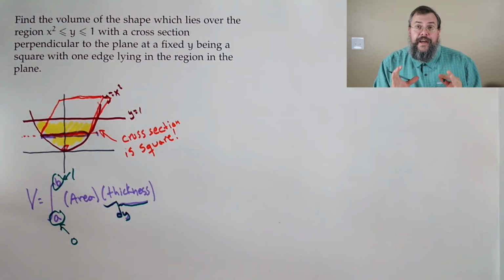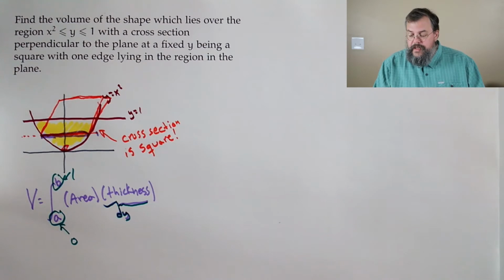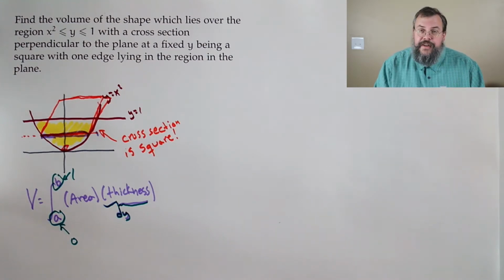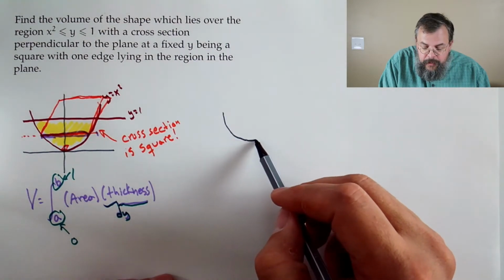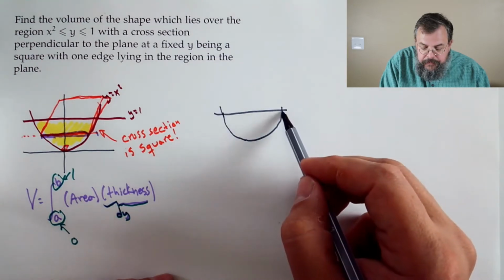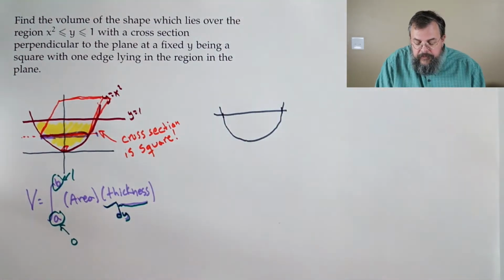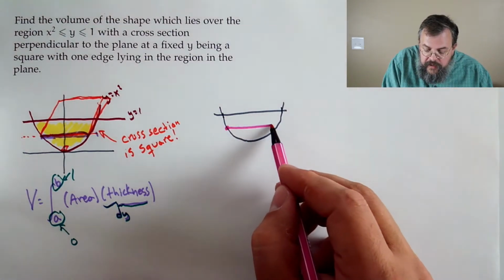So now we turn to the area part. Well, we know it's a square, so it's going to be something squared. So what we have to do is think about, well, what's the something? So let's maybe redraw our picture because it got a little bit crowded there in the meantime. So what do we have? We have our parabola. We have y equals 1. And now our length of a side will be, if I can figure out what that length is.